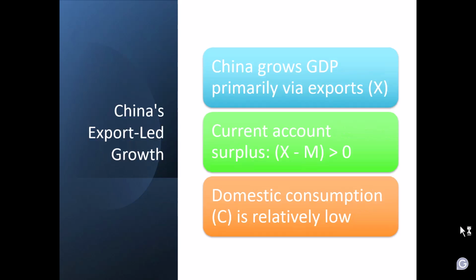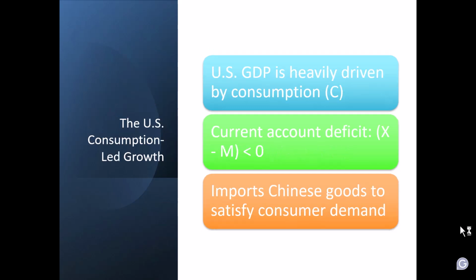So what do we have? Export-led growth for China with a positive X minus M, net exports positive and big, a huge surplus. They're exporting a lot and not importing a lot, because they're growing through exports. And the trading partner, in this case the United States, is importing a lot because they're buying those exports. So their X minus M is a deficit.